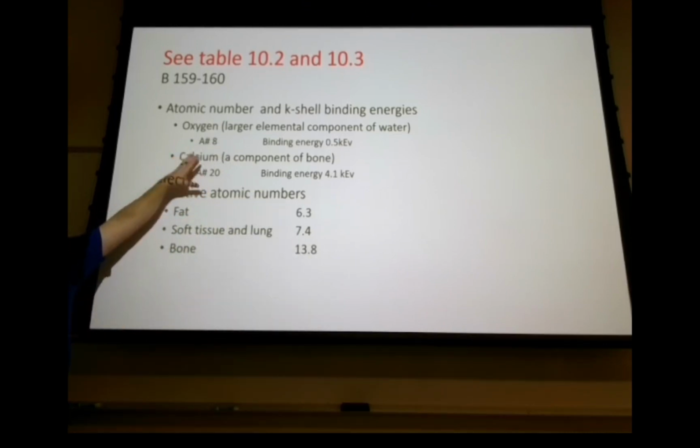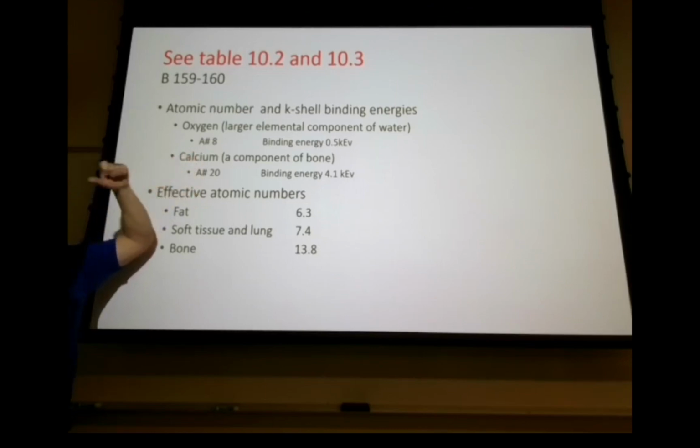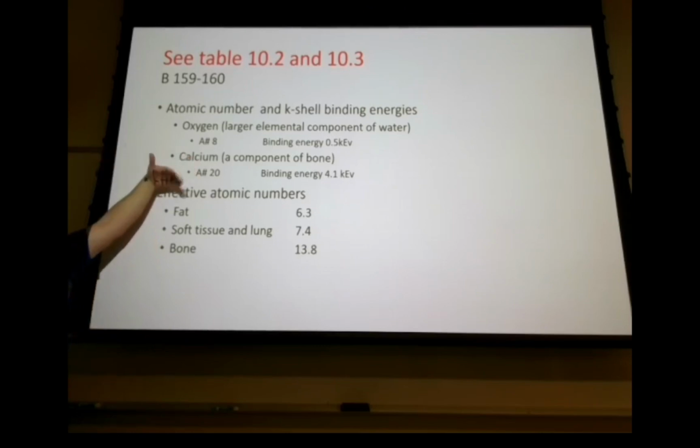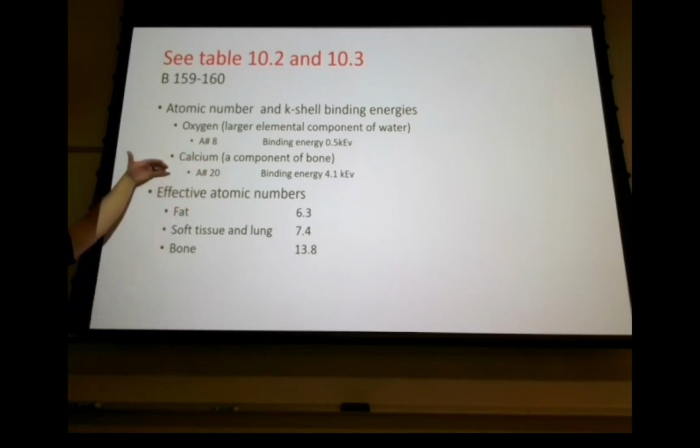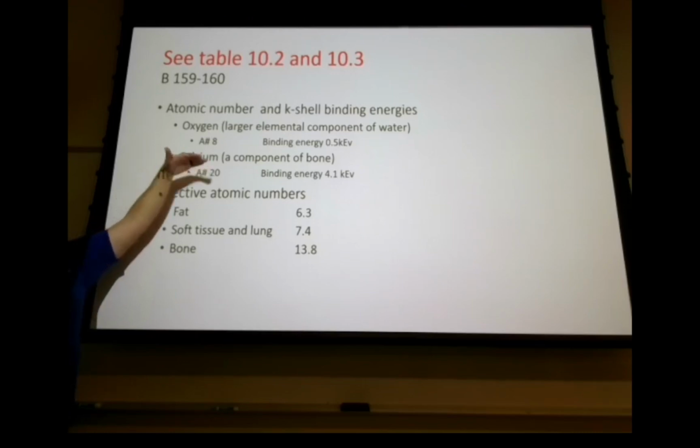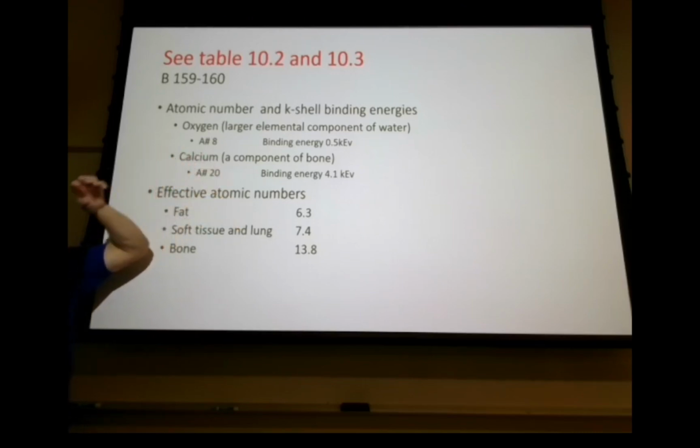So what causes the interactions inside of the patient? The photon hits an electron. So which one has more electrons? Which one has a higher binding energy on the inner shell electron? Calcium. So as the atomic number goes up, do our Comptons necessarily change? The answer is no. What we get, though, is more of those Comptons that become photoelectric because of that higher binding energy.